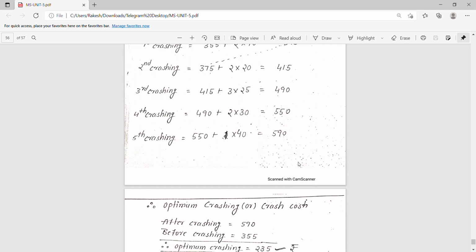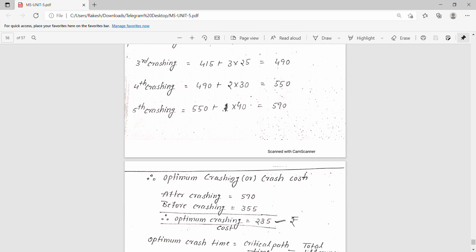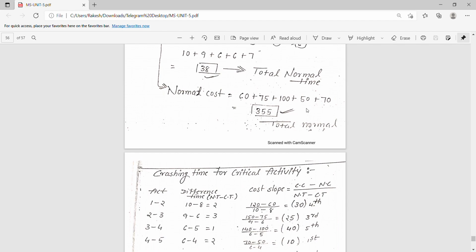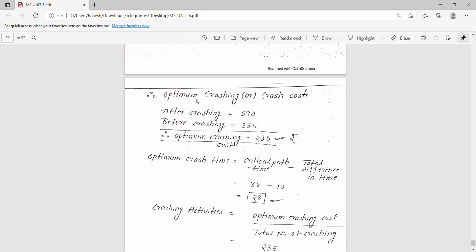And to find the optimum crashing cost, we have to calculate this. The fifth crashing cost is the last crashing cost, which is 590, and before crashing we have the normal cost of 355. When we calculate the optimum crashing cost, it is the after-crashing cost minus the before-crashing cost, which is 235.